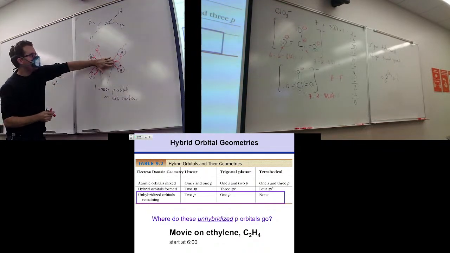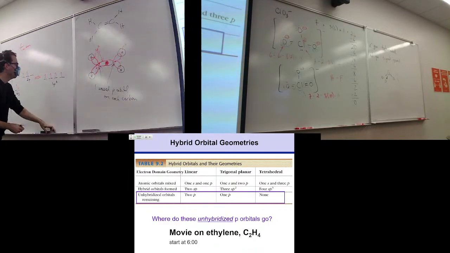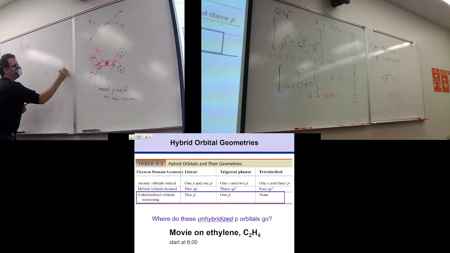If I turn this thing sideways, I'm going to try to do as good a perspective as I can. I'm going to use my little perspective notation here. There's a bond here, but I'm going to ignore that for a second.